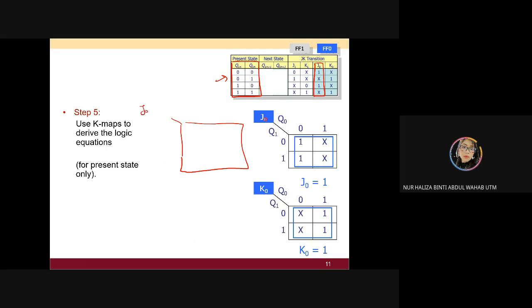This is our J0 output. And we have the Q1 here, and then we have Q0. It depends whether you want to have Q1 first or like this also can. And you have the condition of Q1 as a 0 and Q1 as a 1. And Q0 will be 0, will be 1. And what happened?